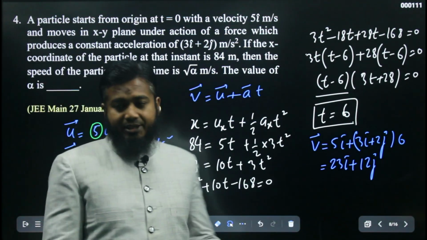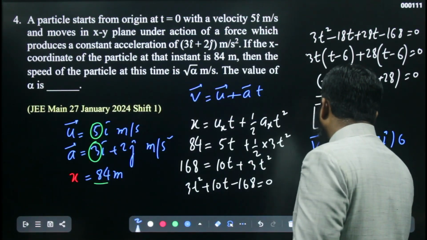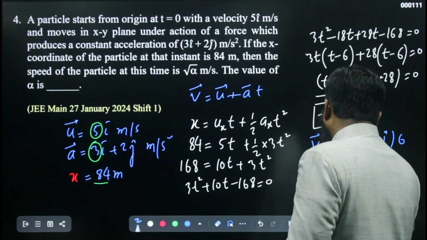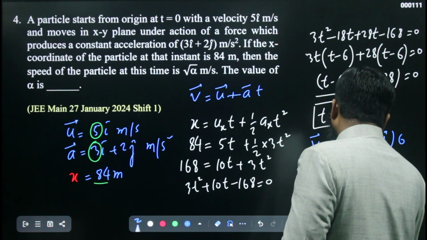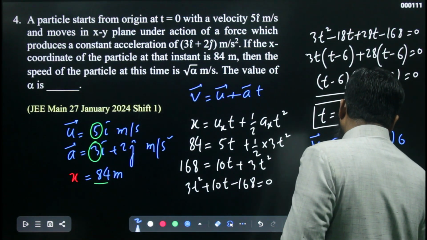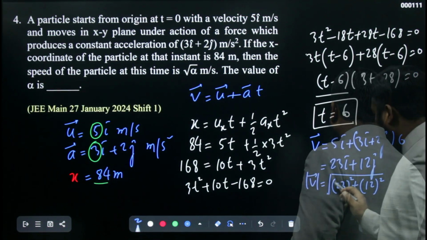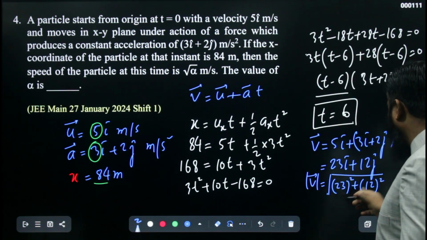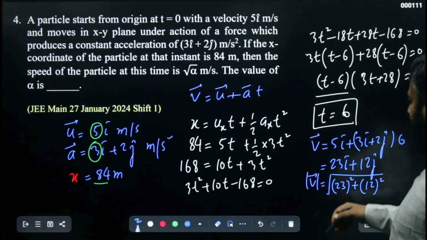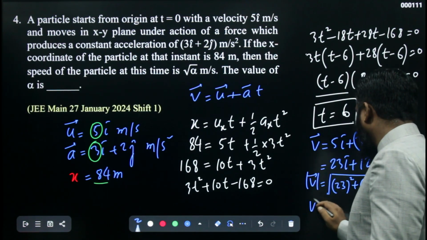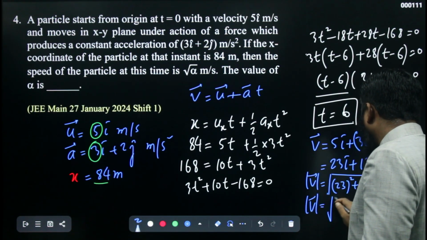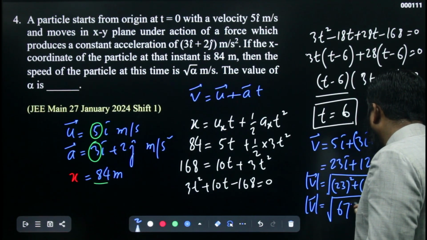Now what is the speed? Simply, speed is the magnitude of this vector, which is √(23² + 12²). So 23² would be 529 plus 144, this is 673.